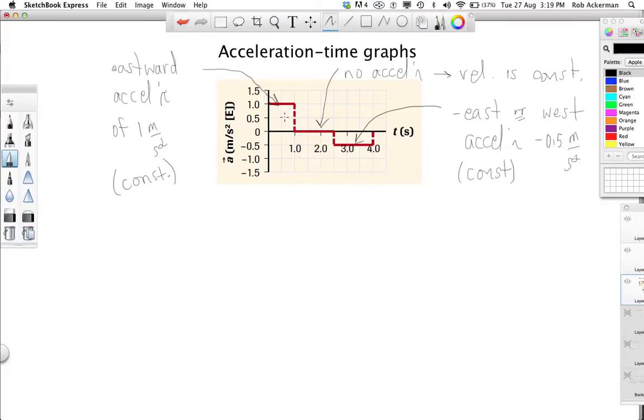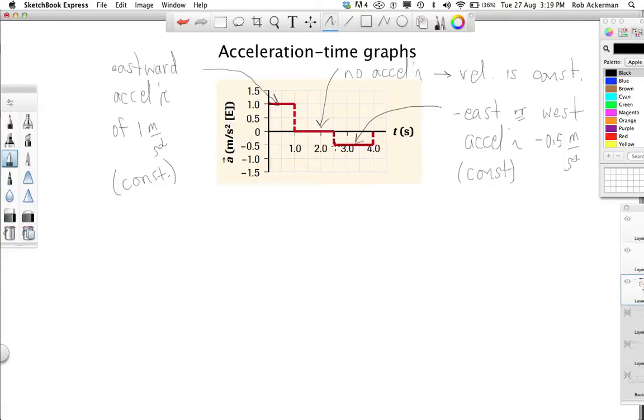What sort of object might be doing this? You might be in a car, for example, that experiences an acceleration at a steady rate, kind of like you at a traffic light. Light turns green, you step on the gas and you begin accelerating. But then you reach a certain speed you're happy with, and you ease off and just move at a constant velocity.